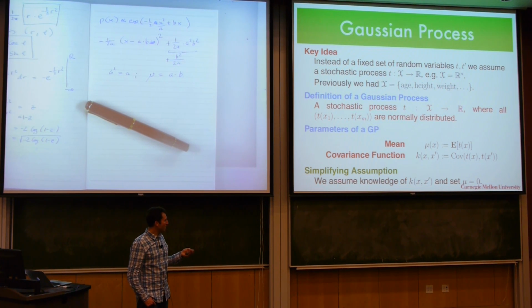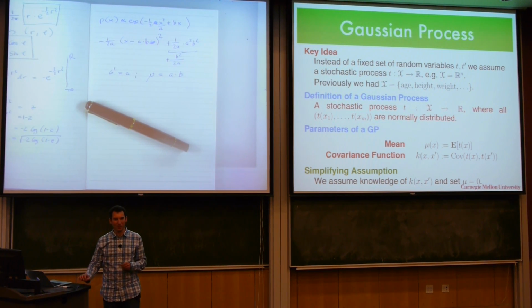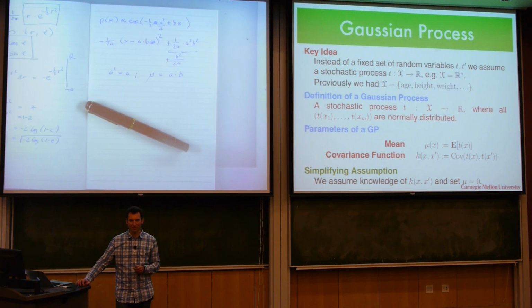So the key point is that as soon as I have this covariance function k, I'm done. The other horrible assumption that people usually make is to say that mu equals 0. Do not do this in practice for a specific engineering solution.